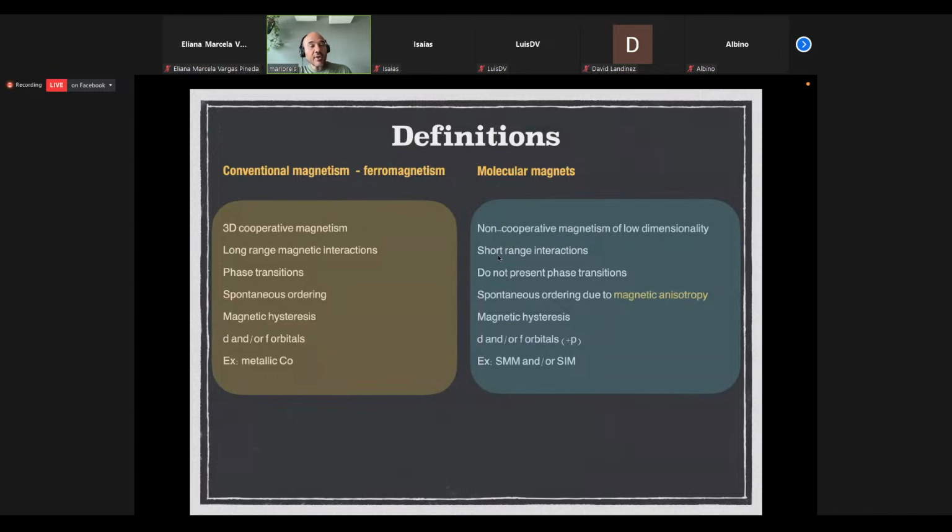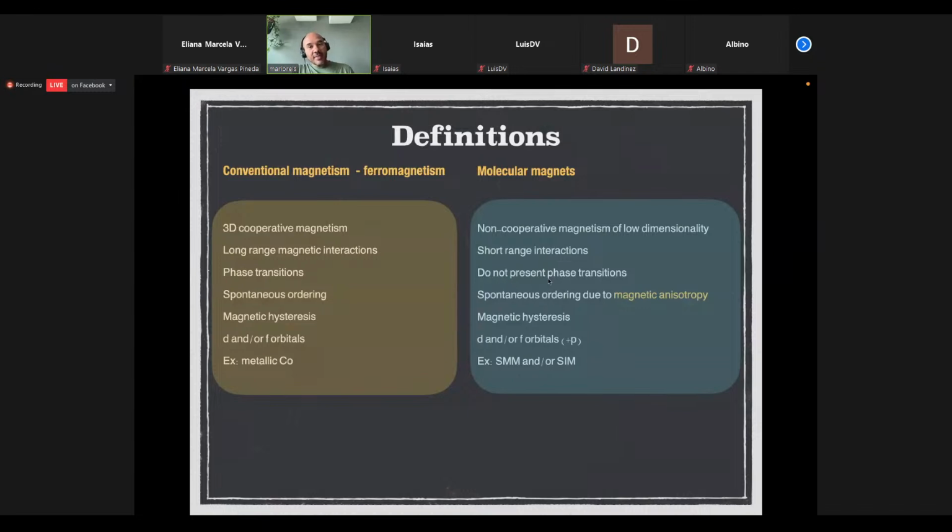It is a short-range magnetic interaction, because one molecule does not interact magnetically with its first neighbor. And inside the molecule, there are magnetic interactions. However, these are of short-range order.